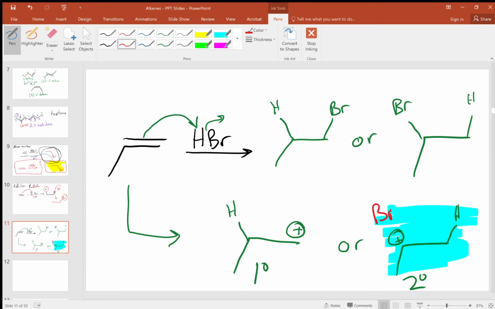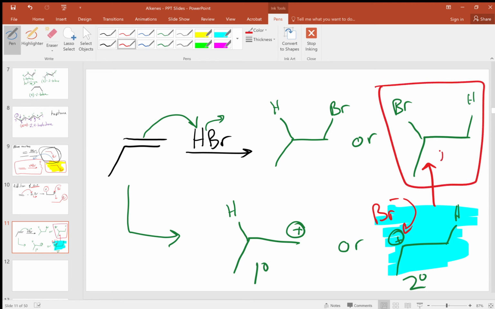And so now the bromine will attack the carbocation, and we get this product, the one on the right, as our major product. And that's going to be true any time you add HX, which could be HBr, hydrochloric acid, etc., to an alkene. You're going to get preference for the halogen being on the more substituted carbon.